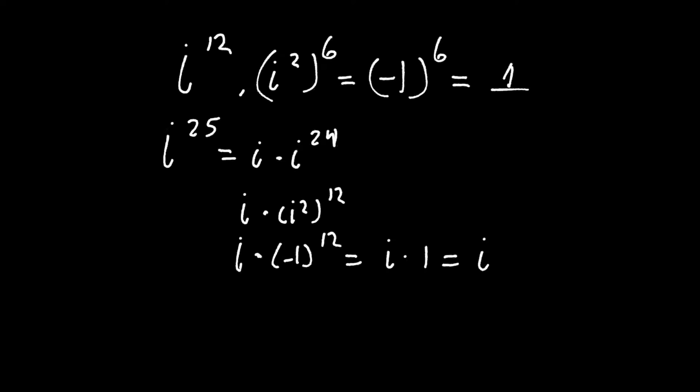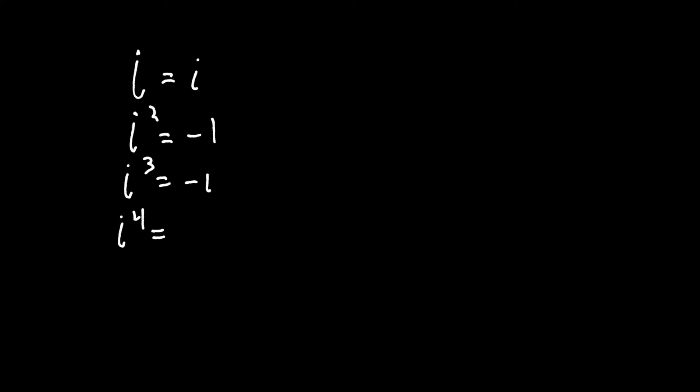Now there is another way that we can think of it, and I'll show you that right now. One other way to do this is, if you think of i, i squared, i to the third, and i to the fourth: i to the first is just i, or the square root of -1. i squared is -1. i to the third is -i.